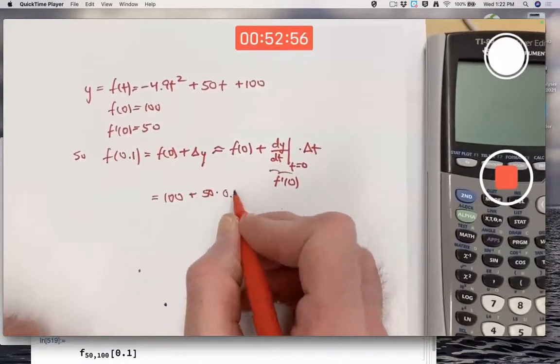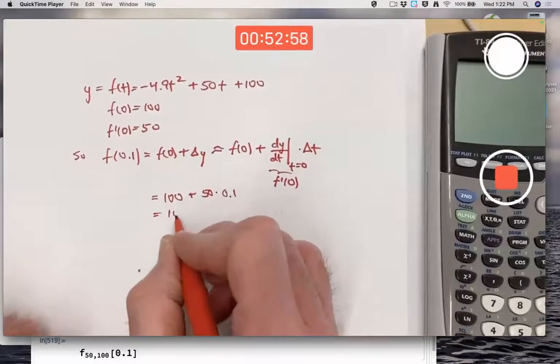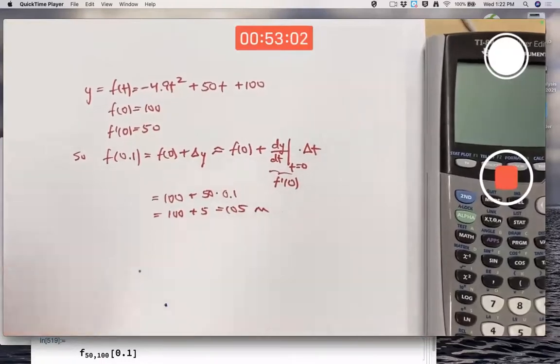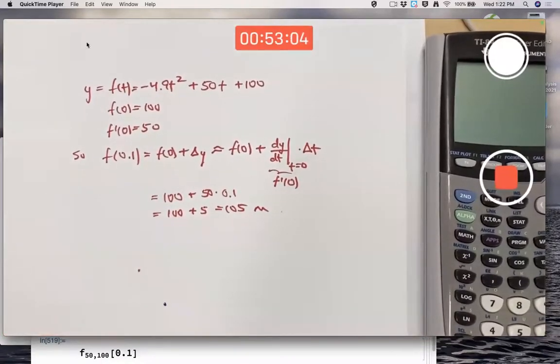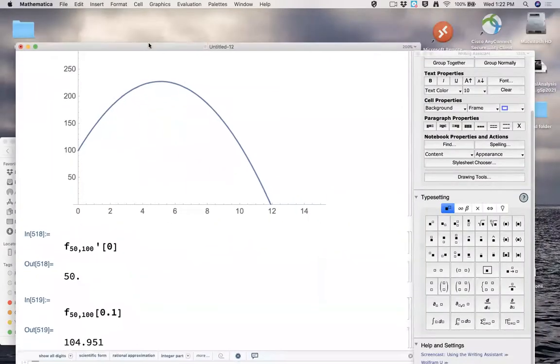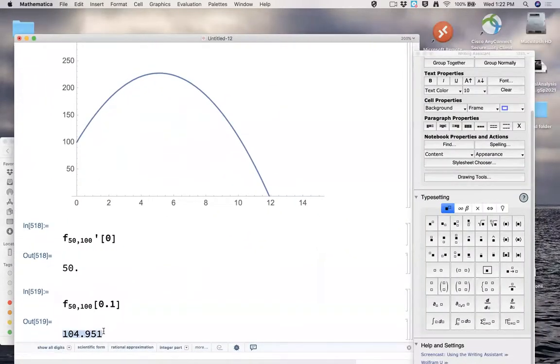Delta t is 0.1. So this is 100 plus 5, or 105 meters. That was our approximation using the derivative. In reality, using the function itself, you get 104.951, a little less than 105. Again, because the actual graph's concave down, whereas when we use the derivative, we're using a tangent line, a straight line to approximate the graph.